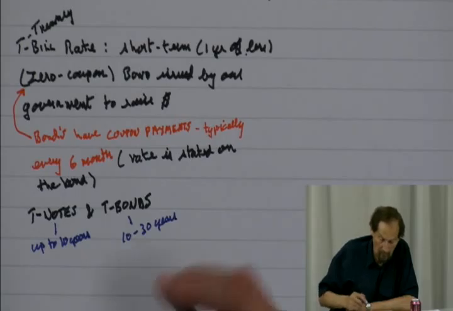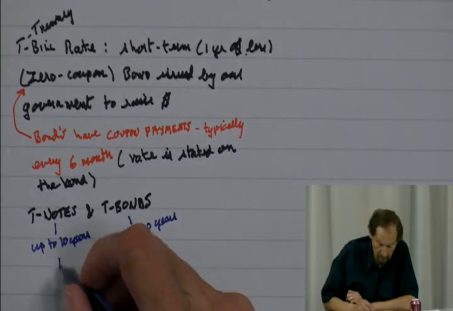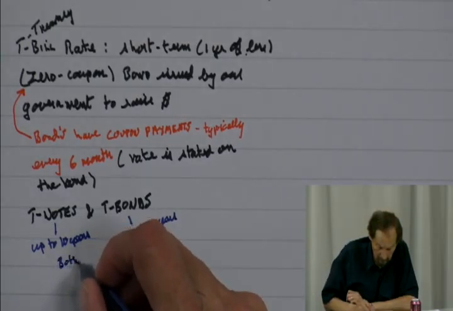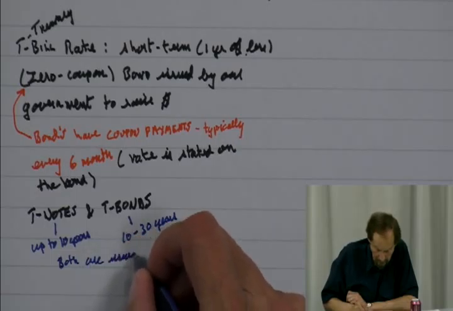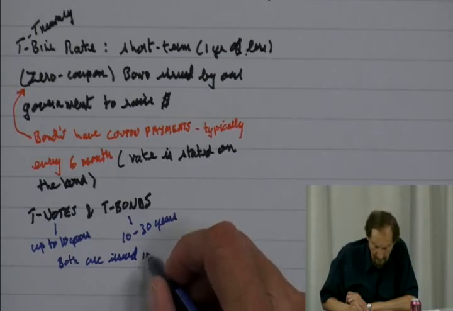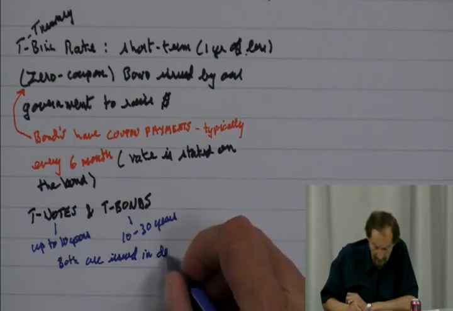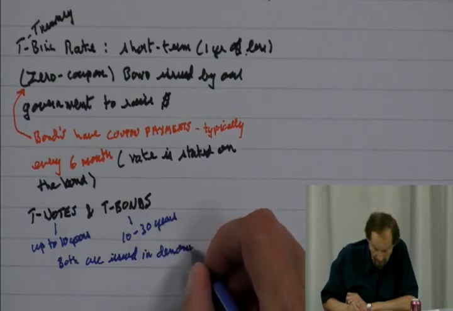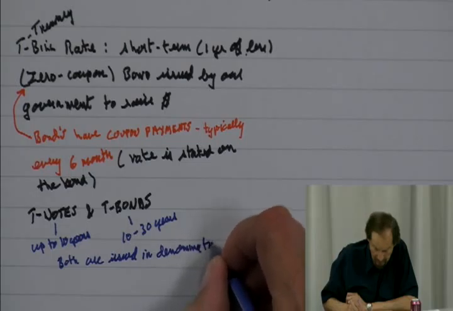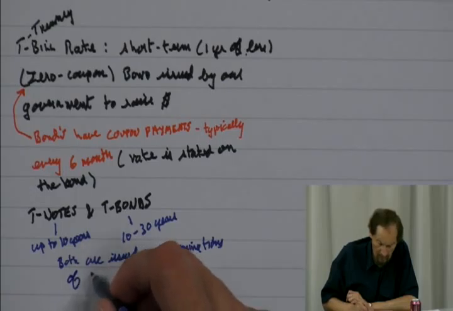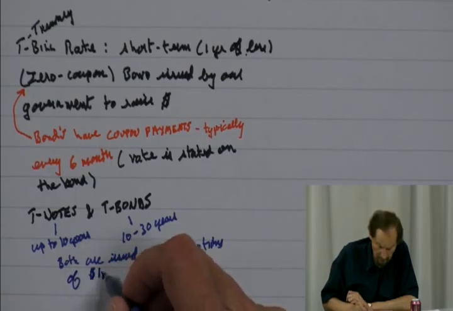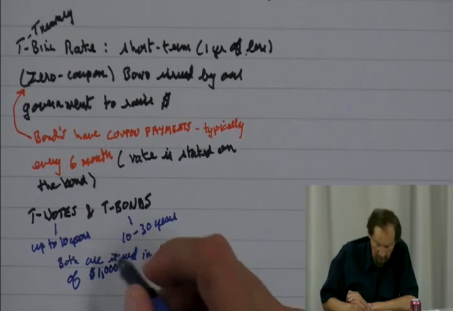And both are issued in denominations of $1,000. The smallest you can buy is 1,000.